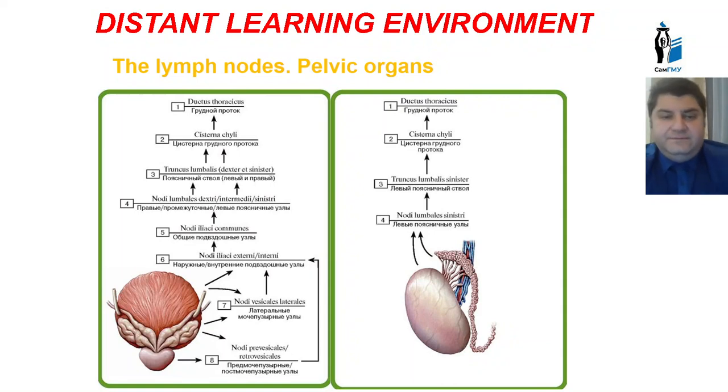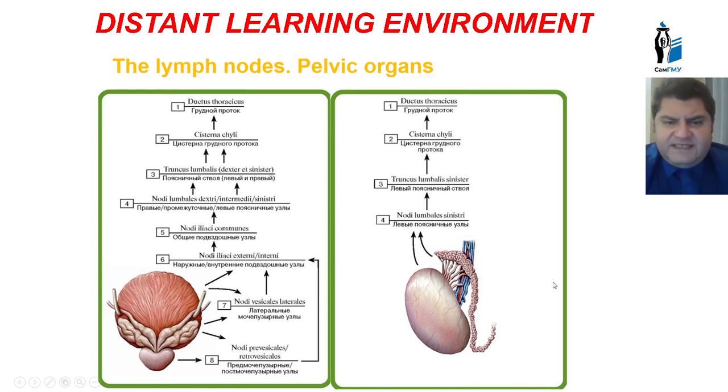From the bladder, you may see that lymph passes to lateral nodes, prevesical and retrovesical nodes, and next it passes to iliac external and internal nodes, communis iliac nodes, lumbar dexter et sinistri and medialis nodes, and next it passes to lumbar trunks, dexter and sinister, or right and left, and next to the thoracic duct.